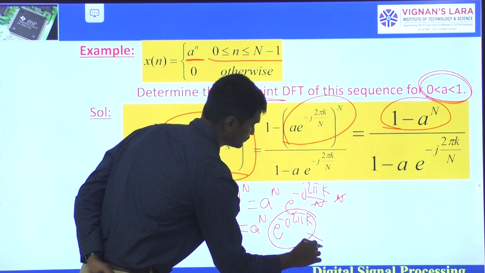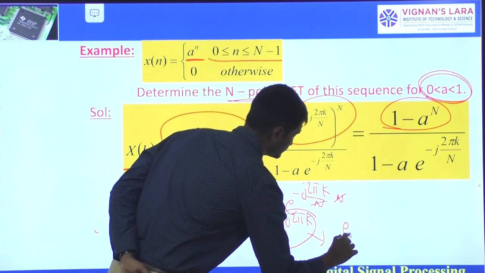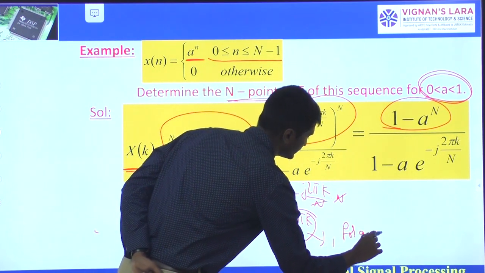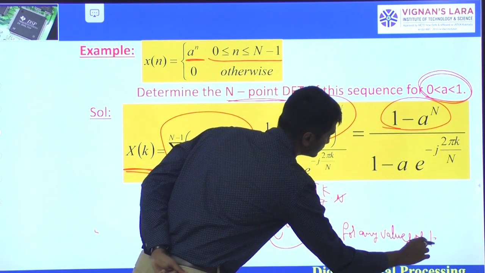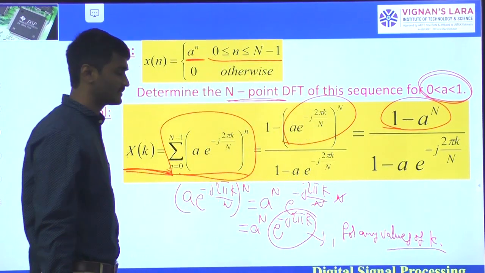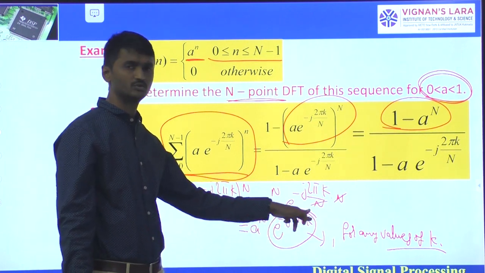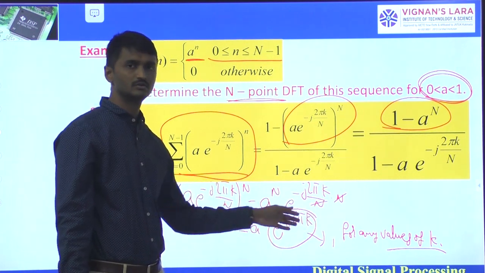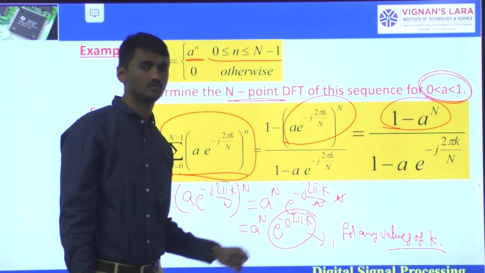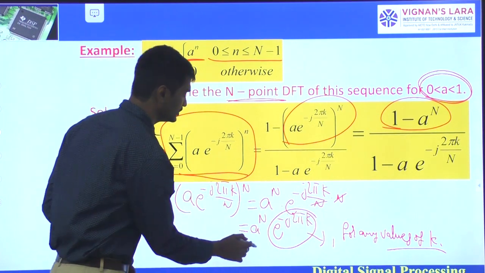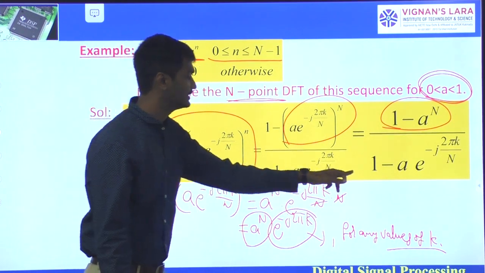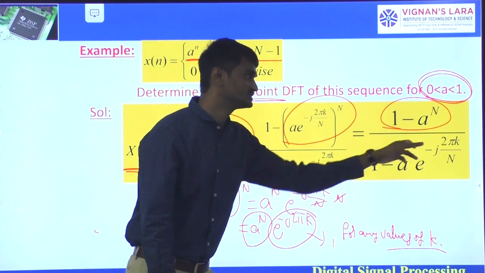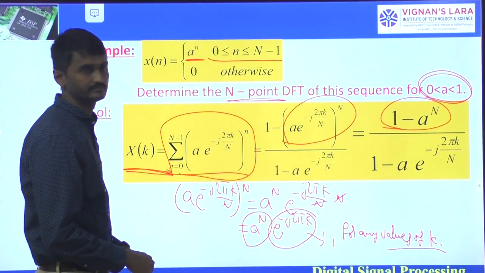So this value is 1 for any value of k, because for k equals 1, e power minus j 2 pi is 1. For k equals 2, e power minus j 2 pi is 1. Then we will have only a power N, that is 1 minus a power N by 1 minus a e power minus j 2 pi k by N.